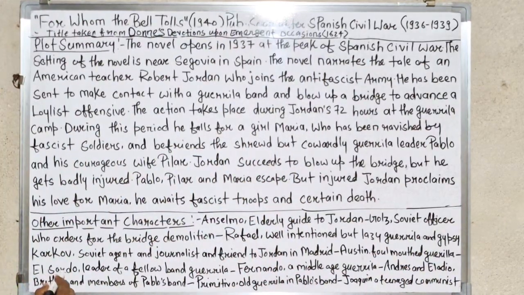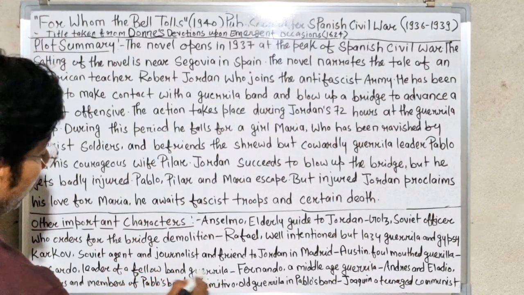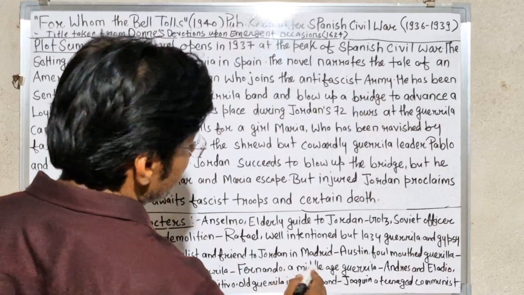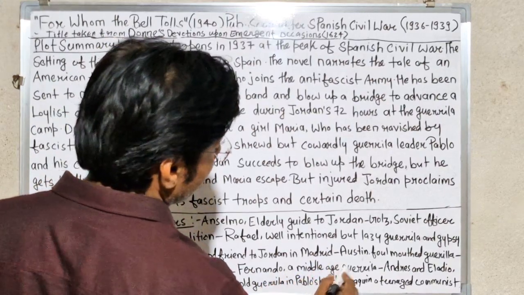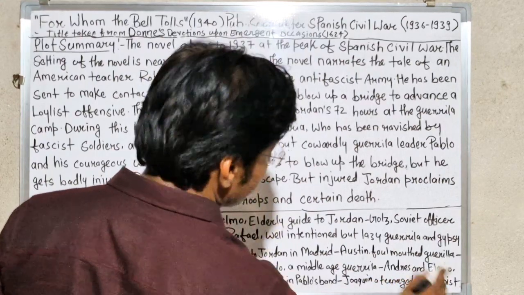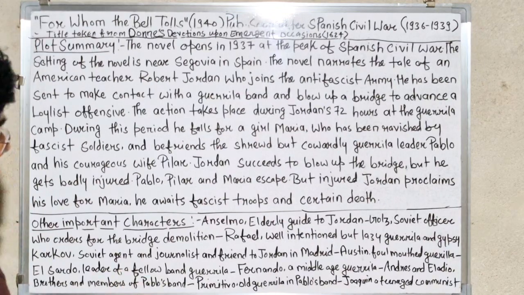Next, El Sordo, leader of a fellow band of guerrillas. Fernando, a middle-aged guerrilla. Andres and Eladio, brothers and members of Pablo's band.